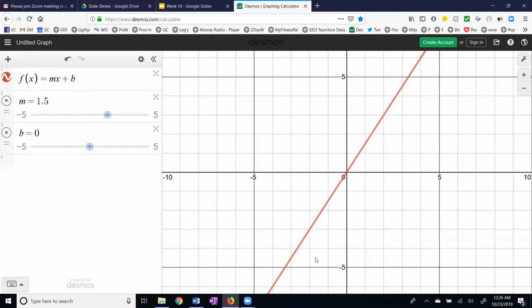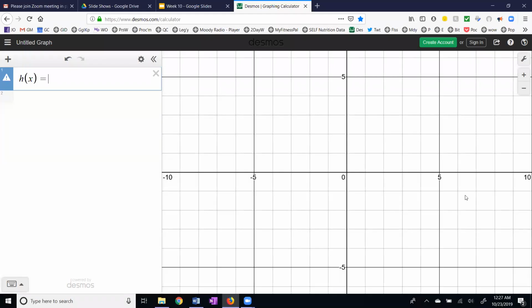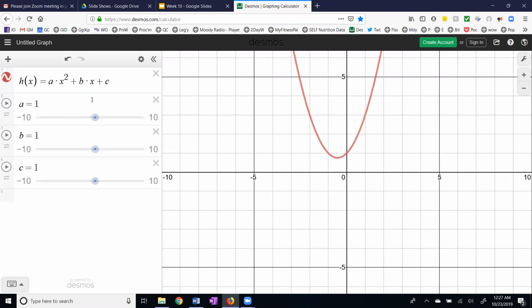Now let's look at a quadratic. So h of x equals a times x squared plus b times x plus c. And I do want sliders for all three. So a is going to affect the curvature, and if a is negative, the quadratic function is going to go down.